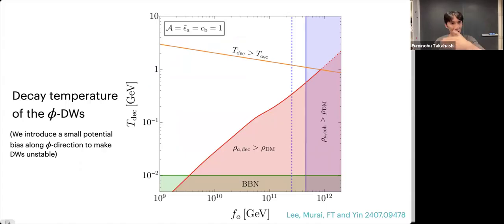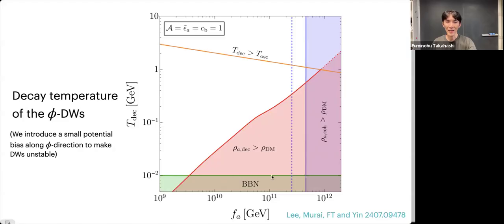Then the heavy axion domain walls decay at a temperature T decay, which is shown by this vertical axis. The horizontal axis is the decay constant of the QCD axion. If we go above this red orange line, the heavy domain walls decay before the QCD axion starts to oscillate. So induced domain walls do not appear if you are above this red line. So let me focus on the region below this line.